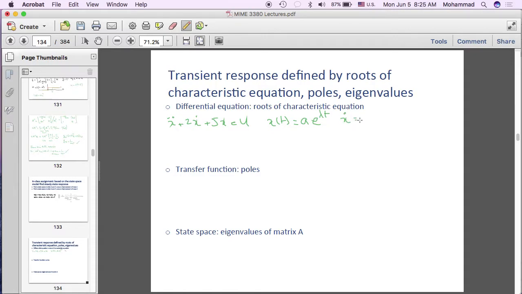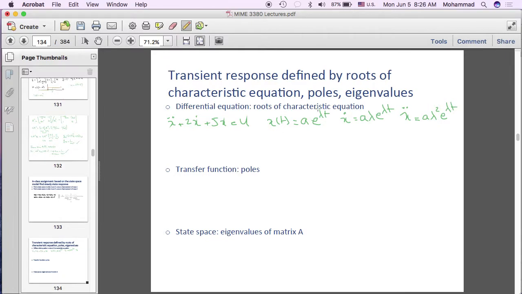This is an exponential function, the coefficient stays. So it becomes a lambda e to the power lambda t. Do you agree? How about x double dot? It is going to be a lambda squared e to the power lambda t.